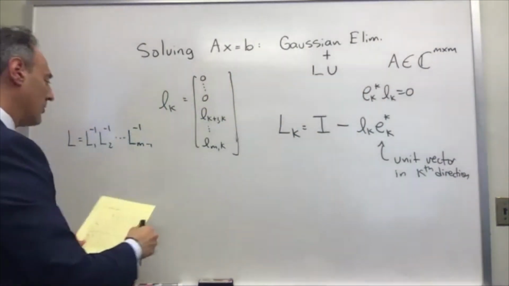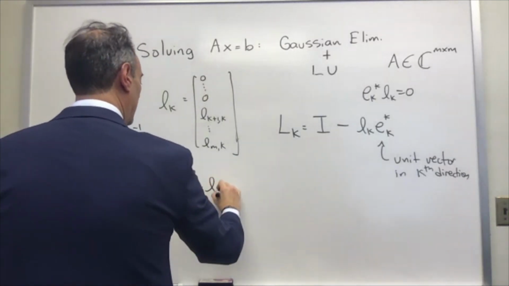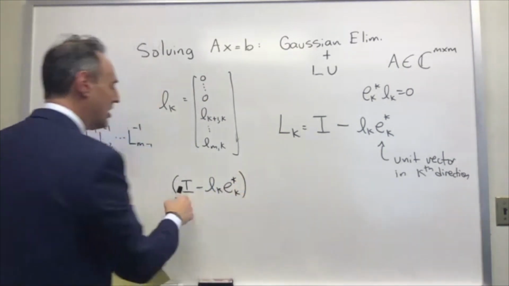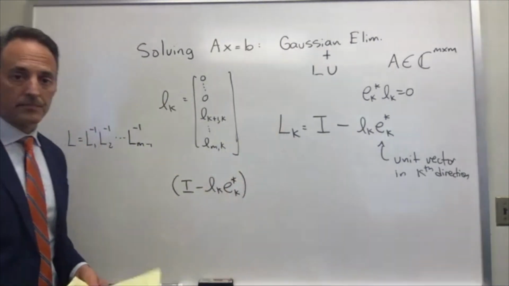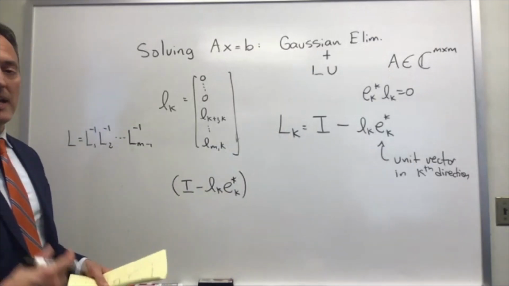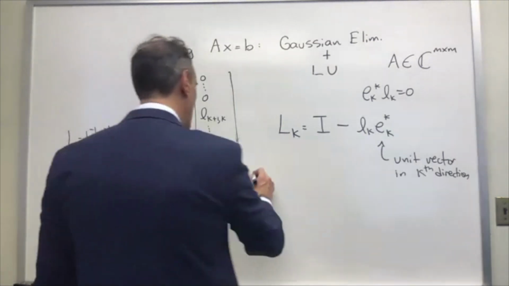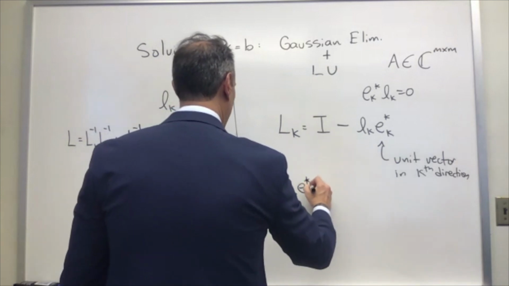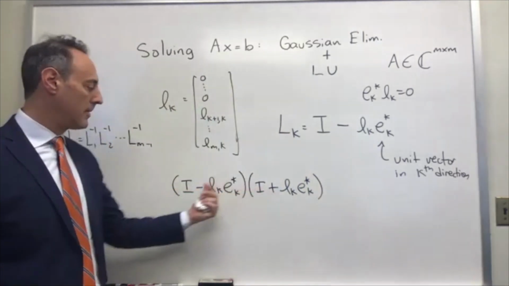So here's what we're going to do. We're going to consider multiplying I minus L of k E star of k. So this is the outer product. This is I. This is the L of k that we had. I'm going to multiply it by another matrix that's made in a very similar fashion, which is I plus L of k E star of k. So the only difference between these is the sign flip.